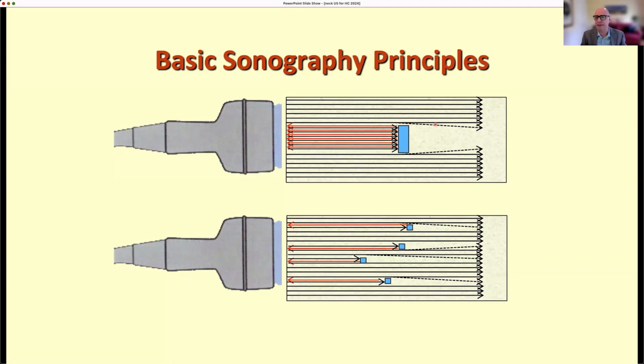Some signal may actually come back from behind the obstacle, and that's important because the shadow may be smaller than the obstacle. And this is important because when we have small reflecting solid materials, the scatter may be enough to cover completely the shadow, and so you may not see shadowing.